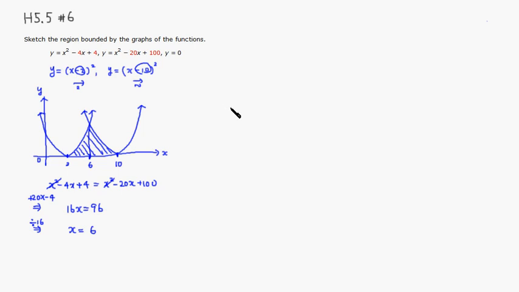So let's compute. The area is going to be a combination of 2 sections. The first section is the integral from 2 to 6 of the first parabola, x minus 2 squared. Then the second section is from 6 to 10, where the top curve is just x minus 10 squared dx.